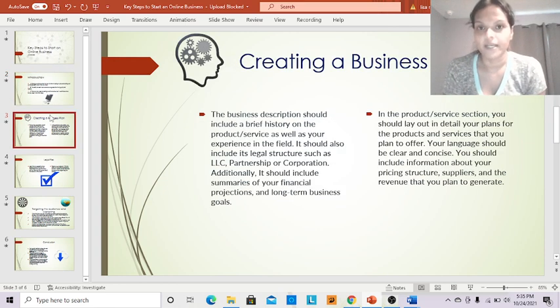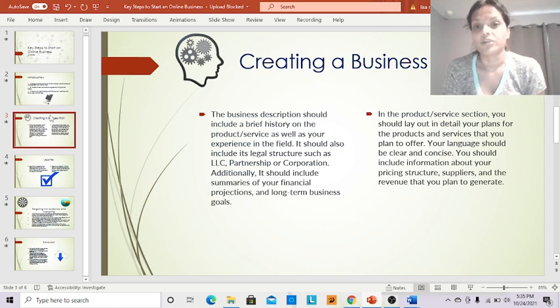A business plan is the very first step in starting an online business. A business plan is pretty much a formal document that is written out in detail about the description of the business, meaning you are describing the product or the service that you are going to be selling.